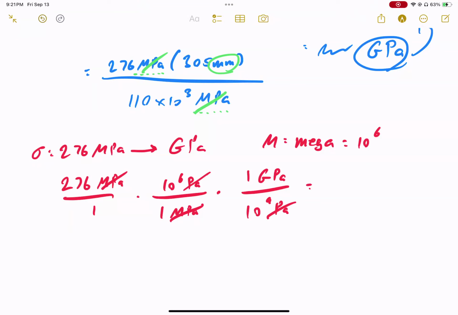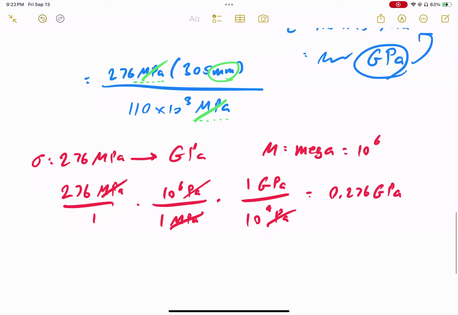If I multiply everything out, let me get my calculator. I do 276 times 10 to the 6 divided by 10 to the 9, and I get 0.276 gigapascals.